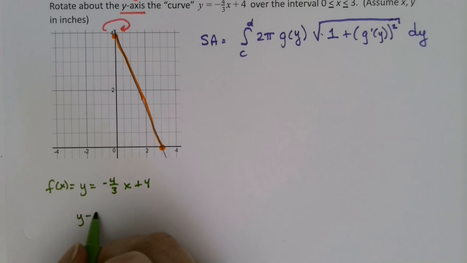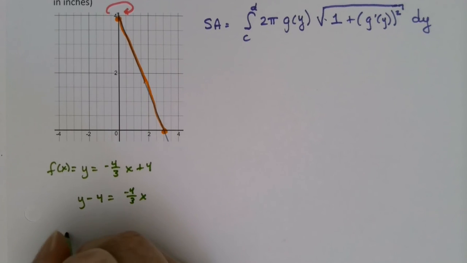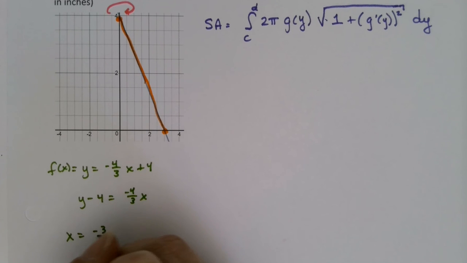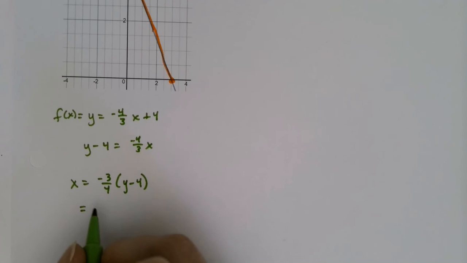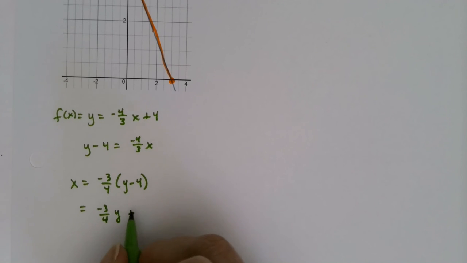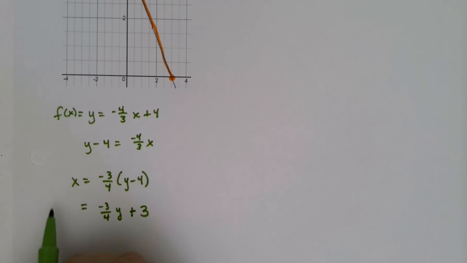That means y minus 4 is equal to -4/3 x. And that means that x is equal to -3/4 times (y minus 4), or -3/4 y plus 3. There's g of y.